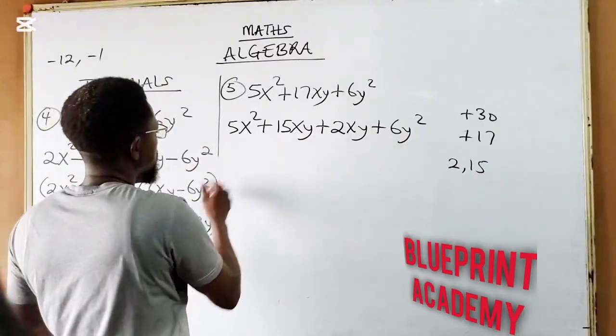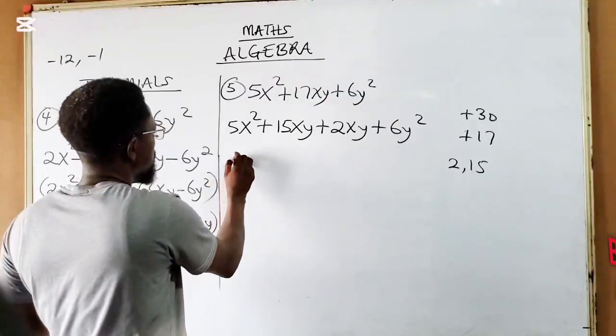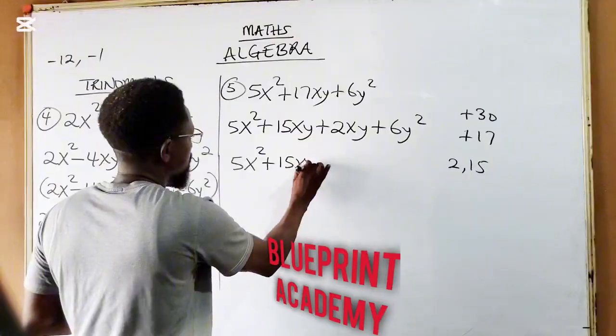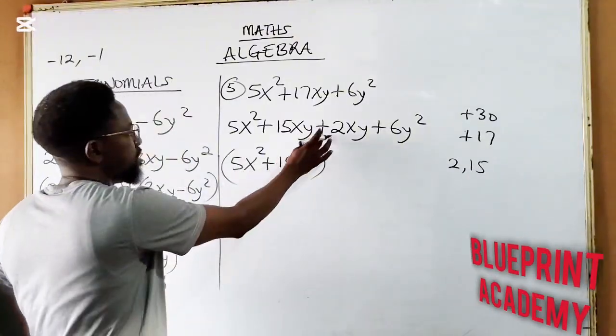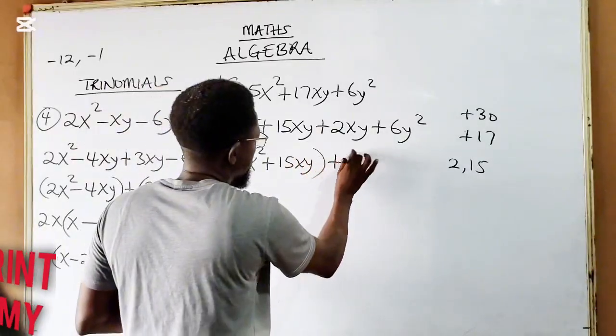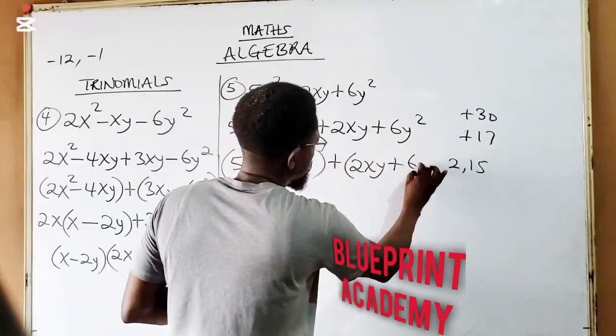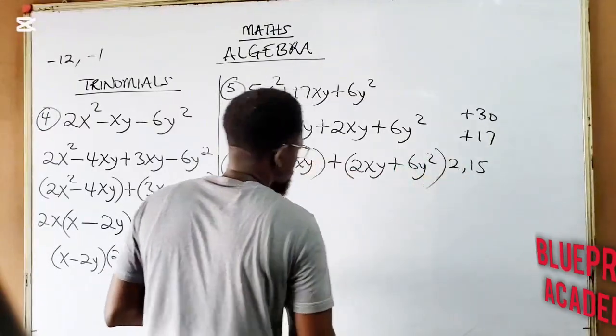So now we'll group this. If we group that, we get 5x squared plus 15xy, and this plus sign here, then we have 2xy plus 6y squared.